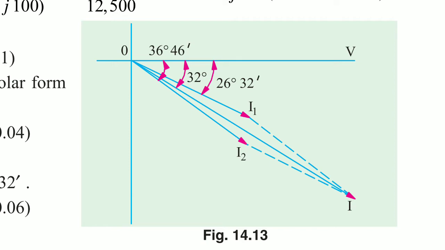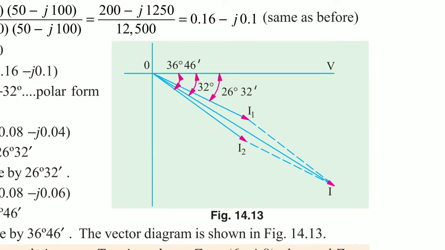This I1 and I2 will give the resultant current, so there is a 32 degrees angle between the voltage and the resultant current. So this is the phasor or vector diagram in the given figure.